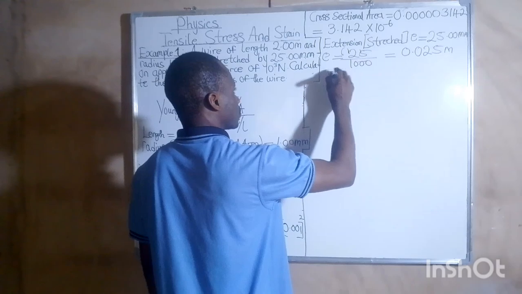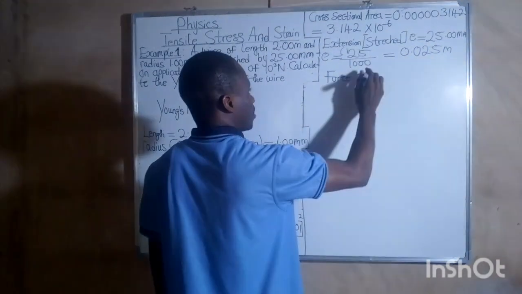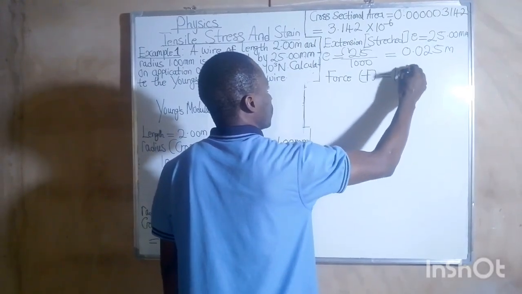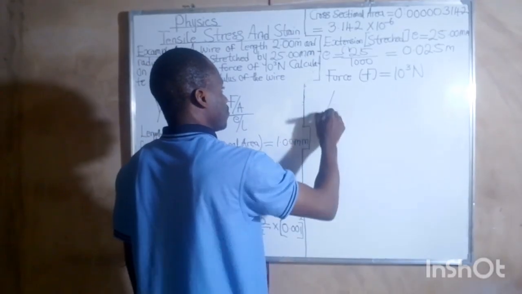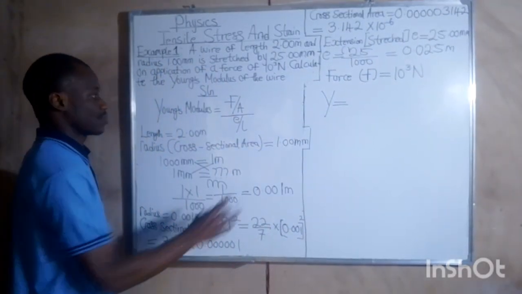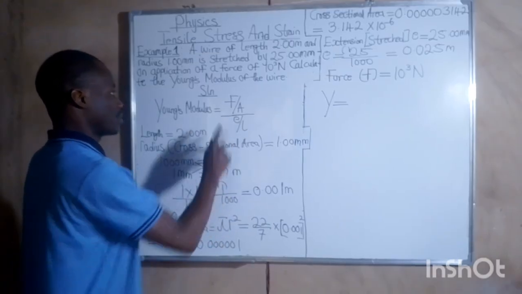So the force F is equals to 10 raised to power 3 Newton. So now with this, I believe we can now solve effectively. We can now substitute everything which we have into the formula. So what is our F?